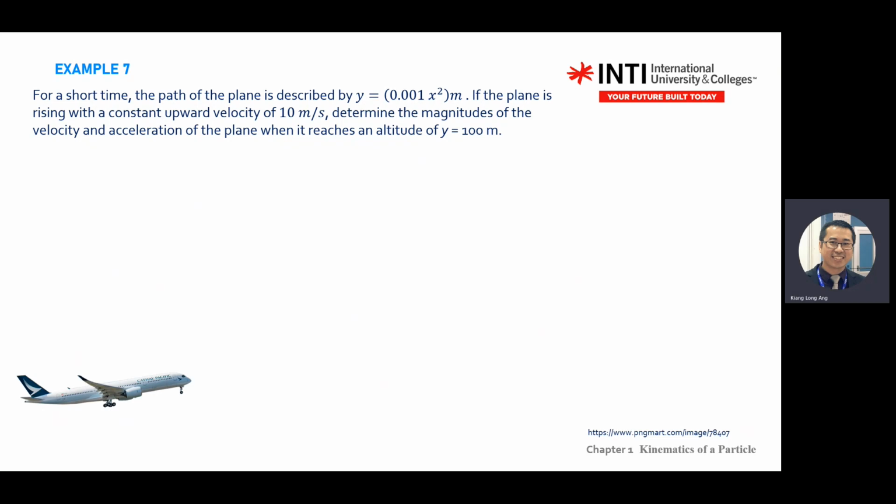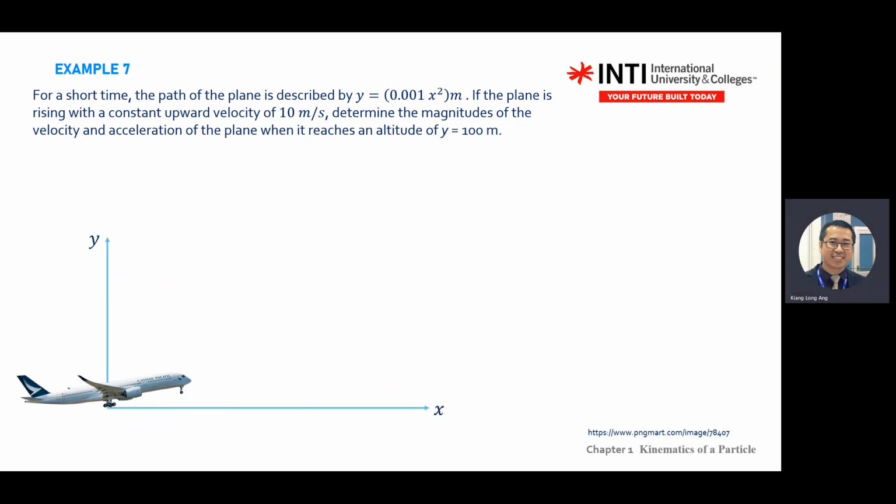Usually this one will be in your assessment. The plane is described by y equal to something. This is a quadratic with a positive a, which means you have a smiling face motion. Sometimes we just give you one statement and one object image. You need to draw the motion.